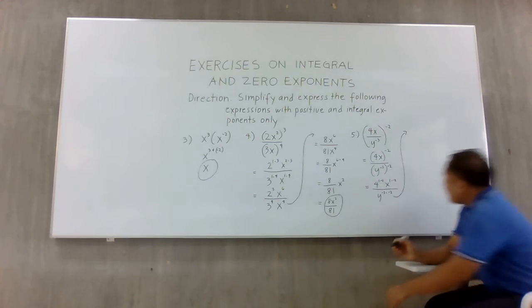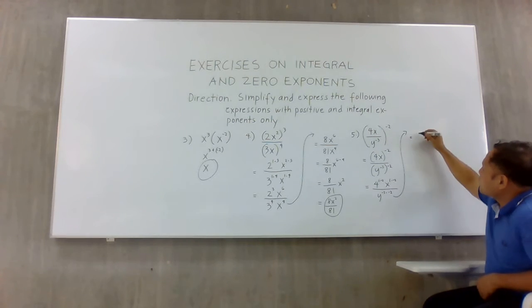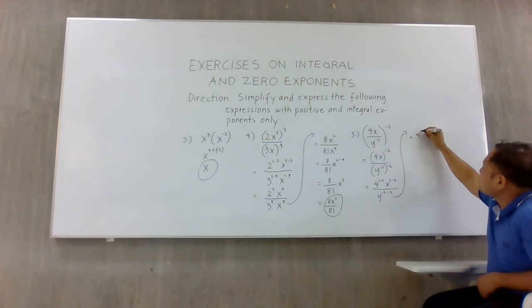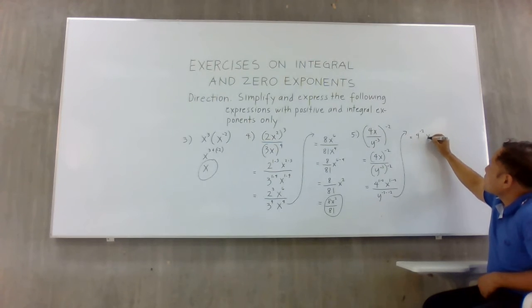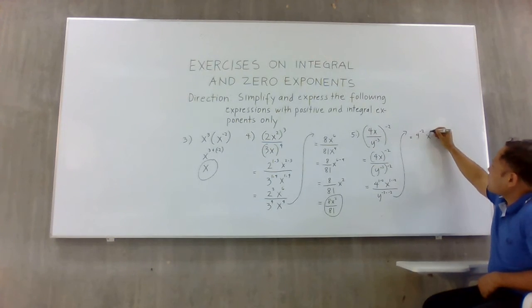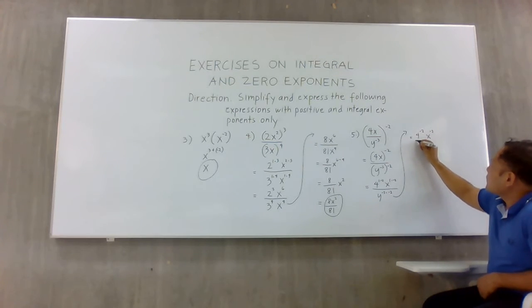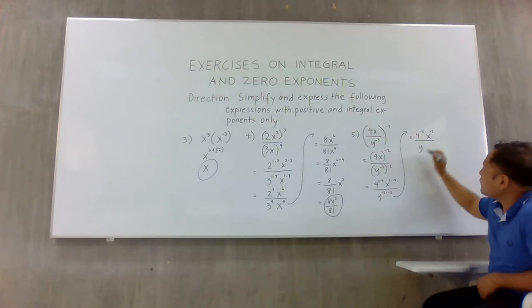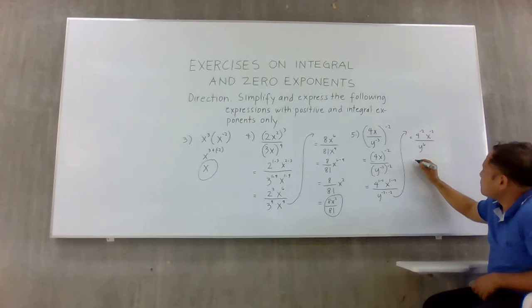So 4 to the -2, since 1 times -2 is -2. Then x, 1 times -2, it is -2. Divided by y, -3 times -2, it is positive 6. Let's proceed.